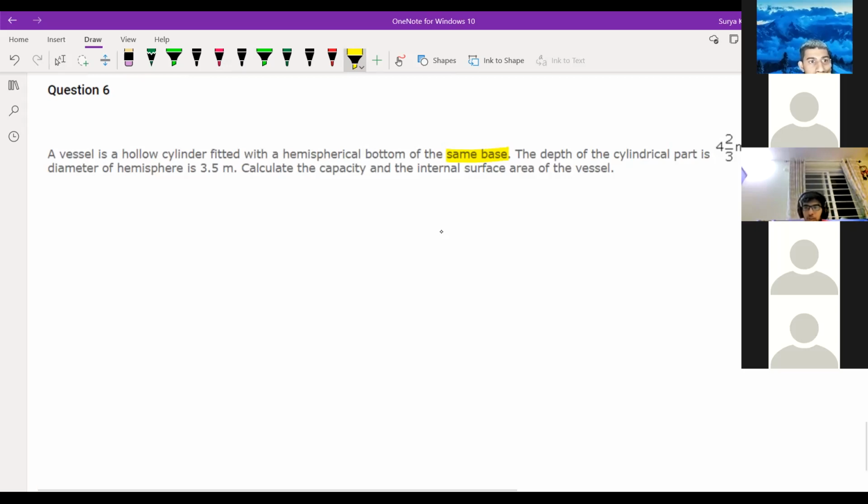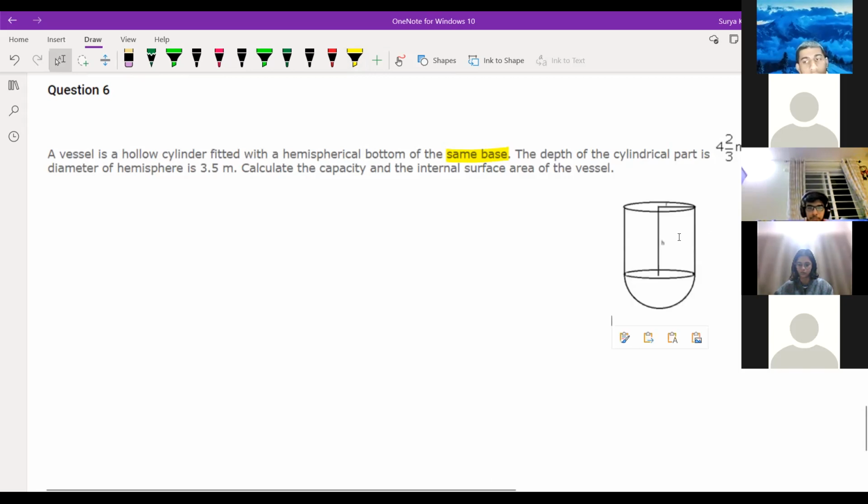Means first of all you can draw a cylindrical vessel. From the bottom, hemisphere is there, right? In the bottom of it, it's hemisphere. See, the diagram will look like this.